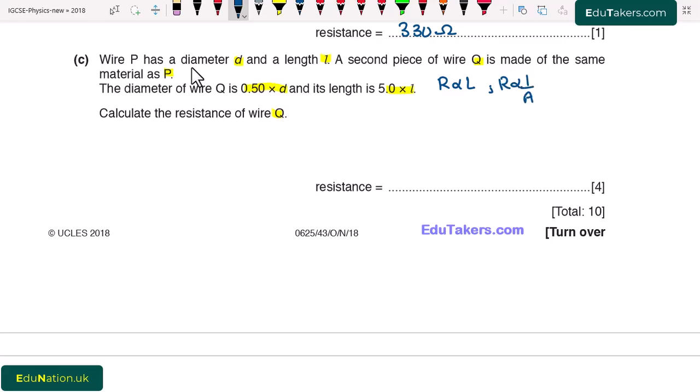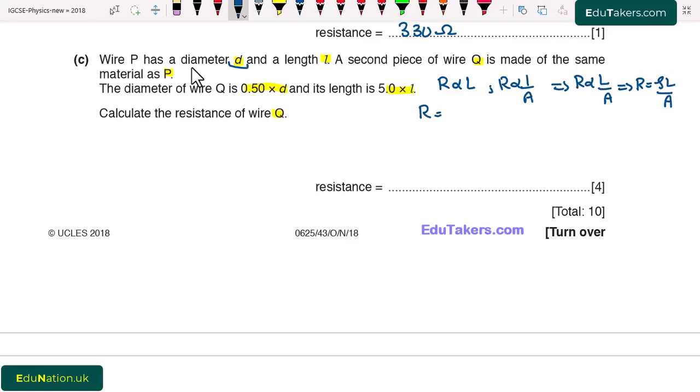By combining both of these, resistance is proportional to L over A, or we can write R is equal to rho L over A. Here rho is resistivity, L is length and A is area. First of all I write this formula for wire P. Since there is a diameter, we have to write this formula in terms of diameter.